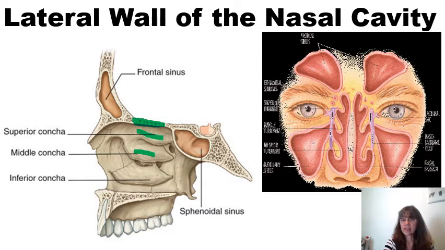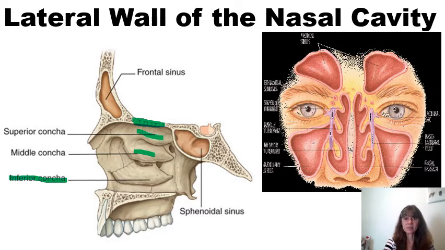Wrapped around the conchae are mucous membranes, and the mucous membranes help to warm and moisten the air as it comes in through our nasal cavity so that when it gets down into our lungs, it's not cold and dry. Remember, the inferior nasal concha is a bone all by itself.